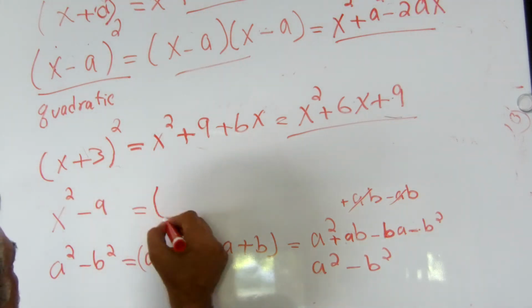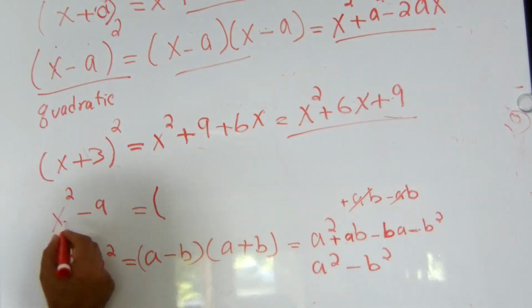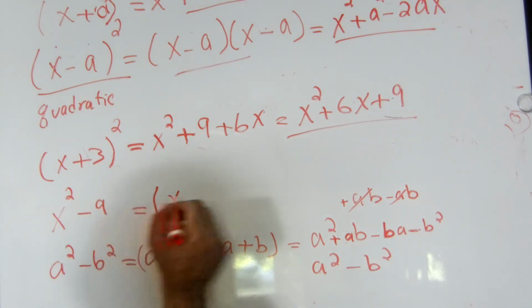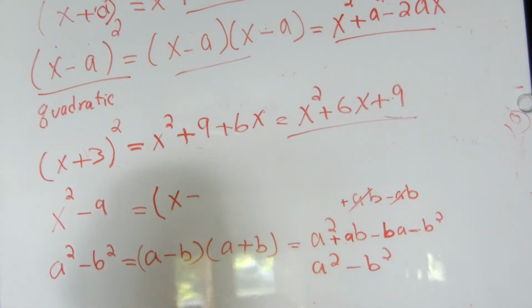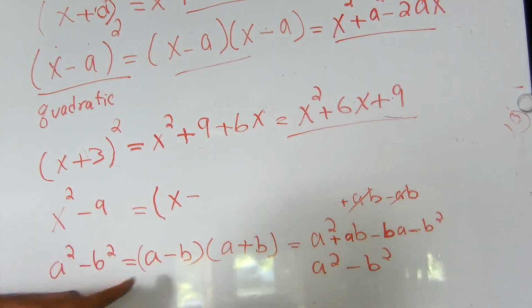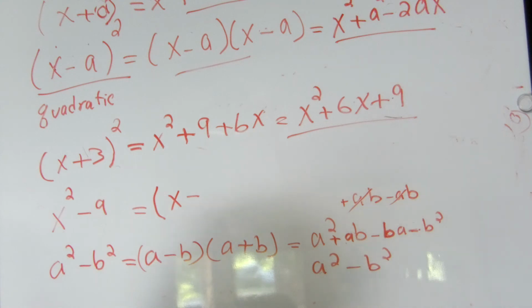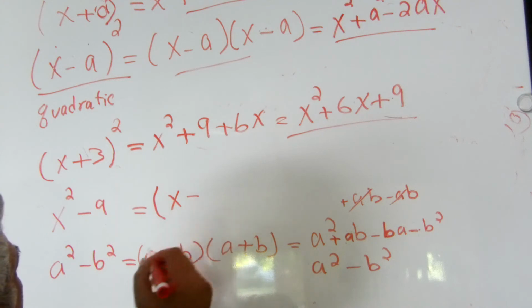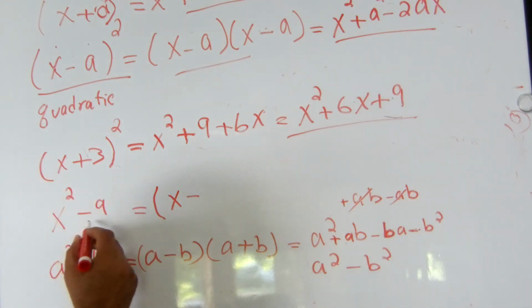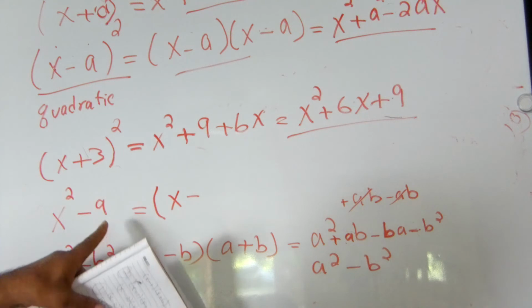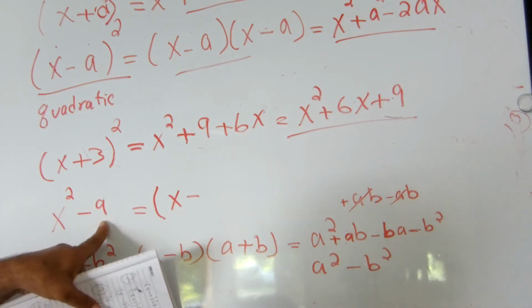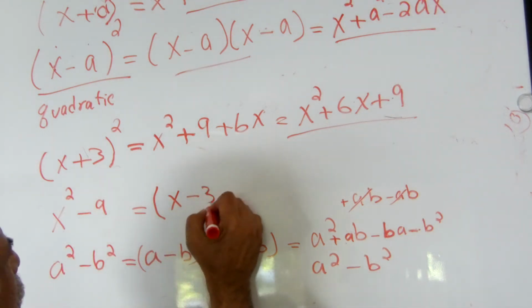So here we can say that the first item minus the second item. That is a square, and we have to get the square root of it. The square root of x to the power of 2 is x, and the second item is 9.